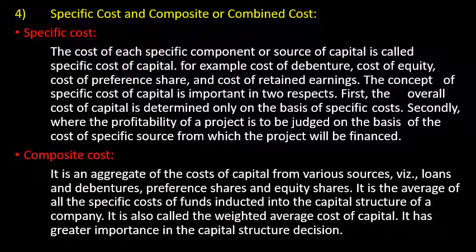The next one is the composite cost. It is an aggregate of the cost of capital from various sources, for example, loans and debenture, preference shares and equity shares. It is the aggregate total of the cost of capital from various sources.